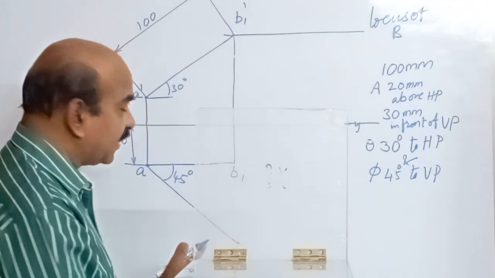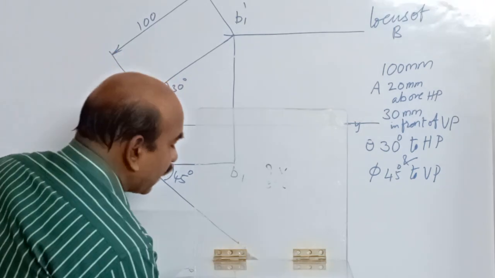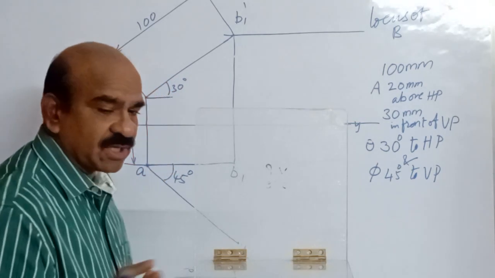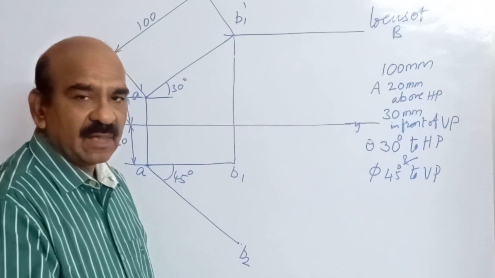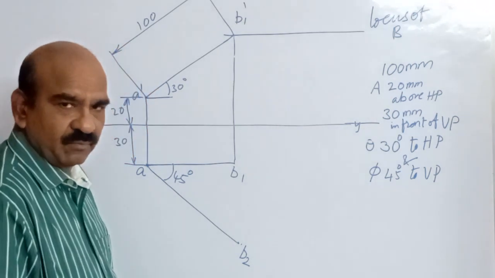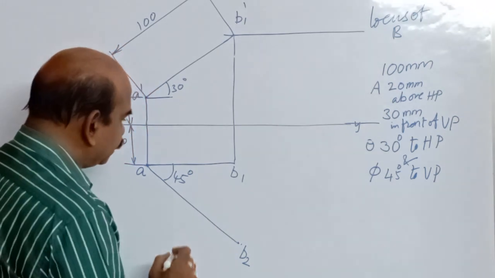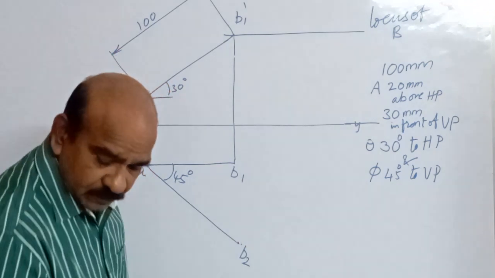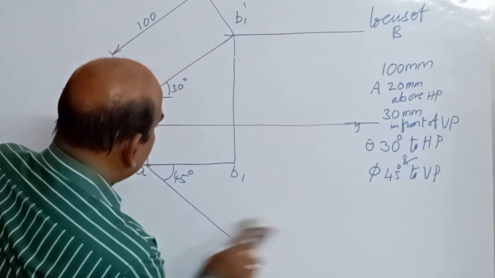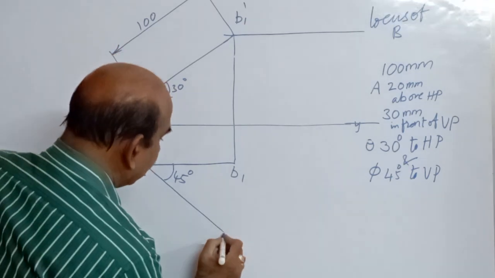This is the true length of the line, and I call this as second initial position, and I call this as B2. Okay. Now, this is B2.